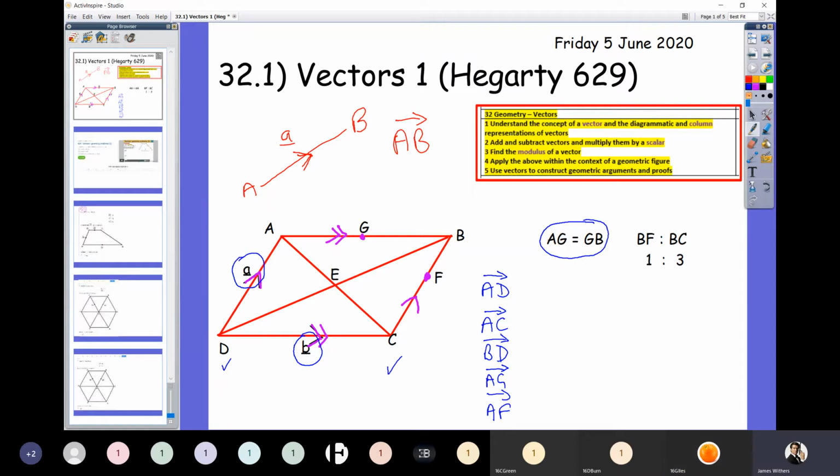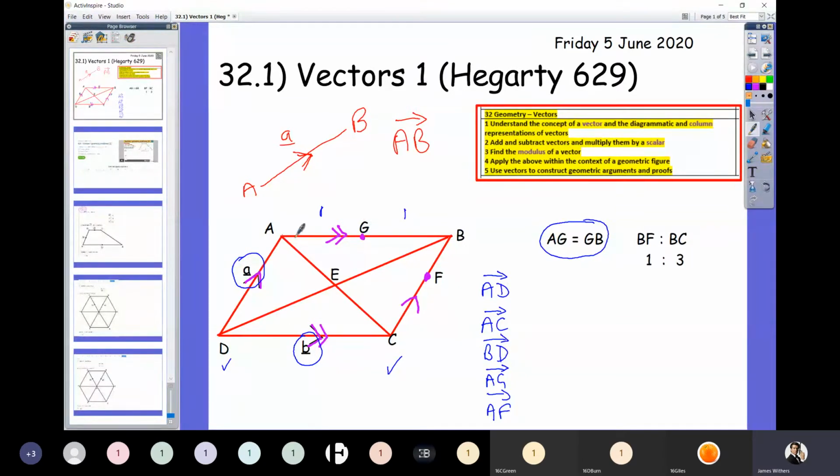So what you would do in an exam, or when you're answering a question, is put a 1 there and a 1 there, because you're just reflecting the fact that going from A to G is the same distance as going from G to B, because AG is the same length as GB from the question.